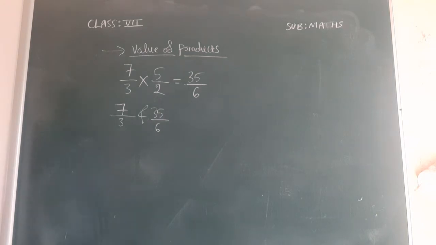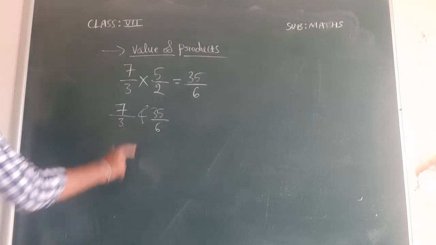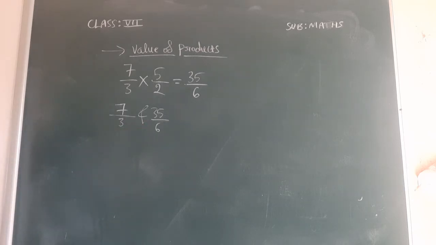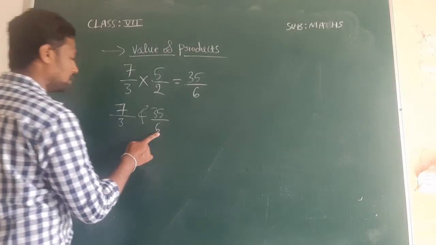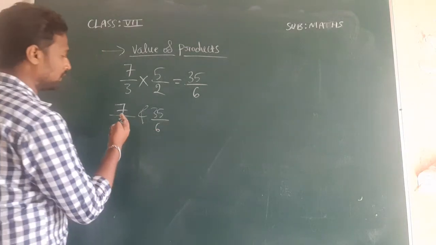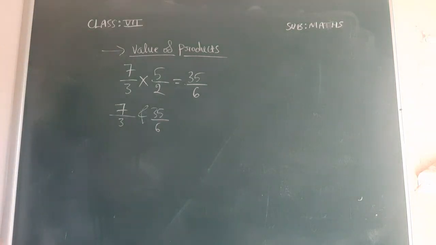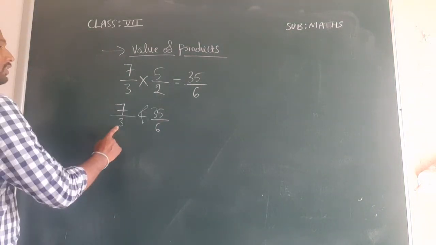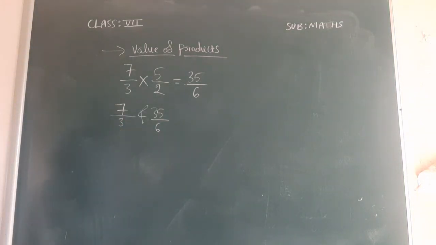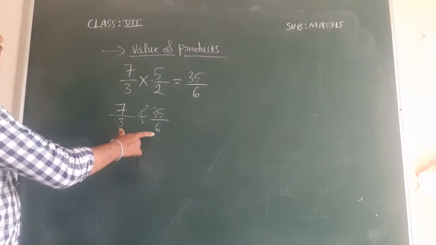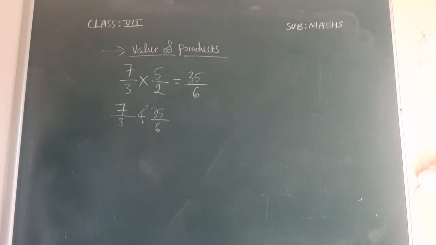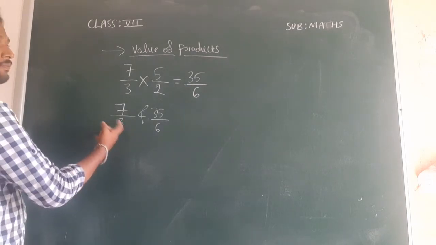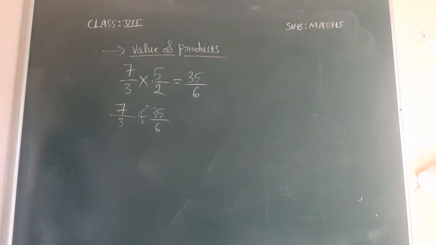So in the first step, we will make only the denominator values the same. We have 3 here and 6 here. If you multiply this 3 with 2, we will get 6 as denominator, so we get the same denominator value. Here we already have 6 as denominator.